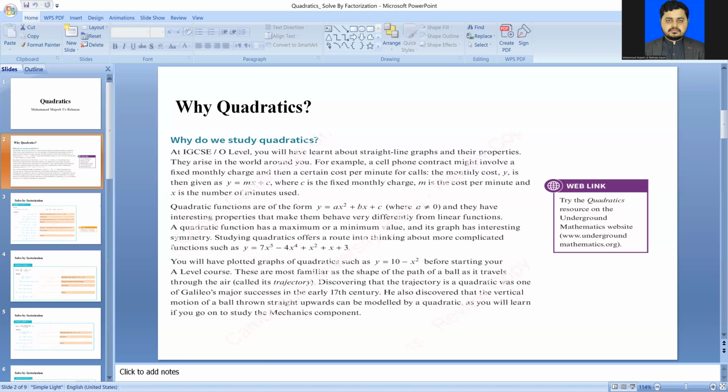Also, the sketching of the graph of quadratic functions and quadratic equations.